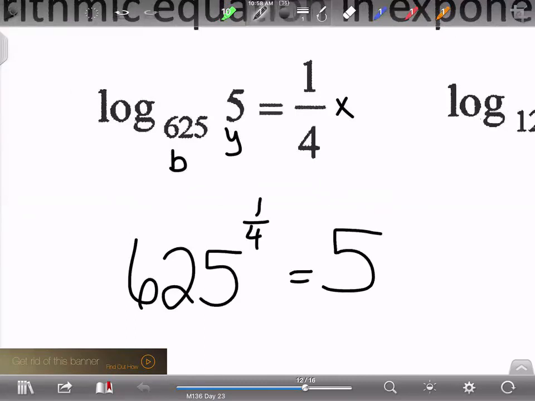So when we rewrite this one, our base is 625. Our exponent is x, so 1/4. And then y gets put by itself, so equals 5.